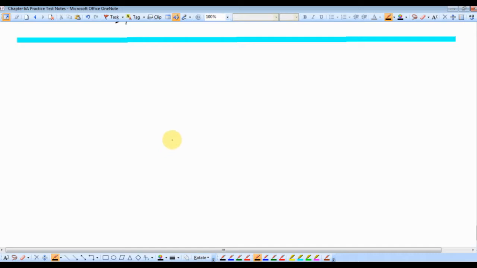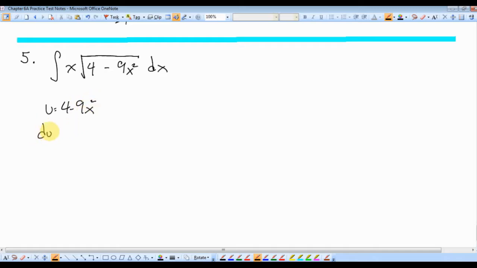All right, last one, 5. And for 5, really the words general power rule are only there to confuse you. Well, it worked. And I'll show you where the general power rule is. Okay? u equals 4 minus 9x squared, du equals negative 18x dx.